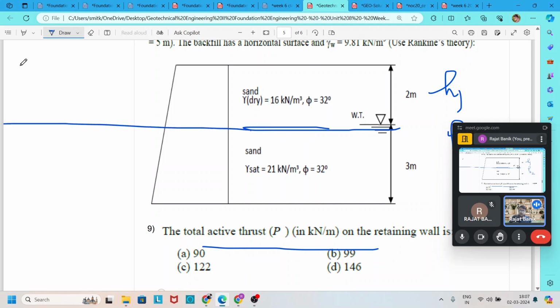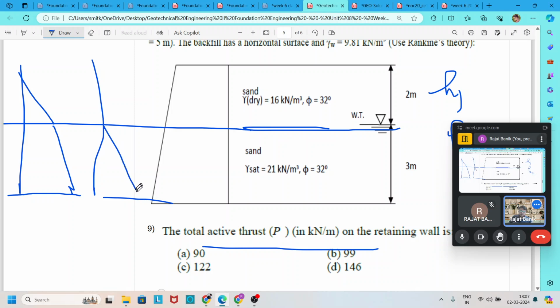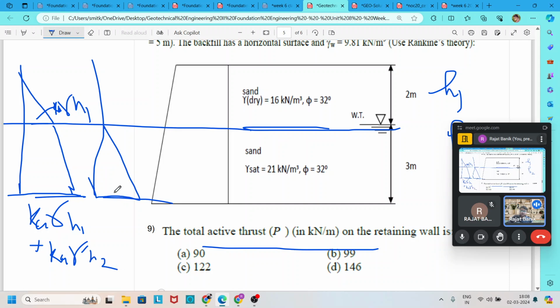From here to here it is Ka gamma H1, plus Ka gamma dash H2, and this is for water, gamma W. Same problem we solved in assignment 2020.